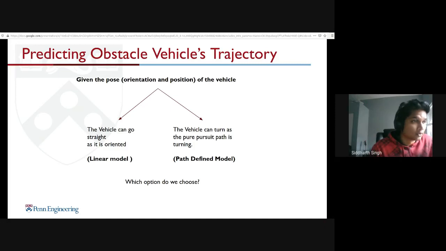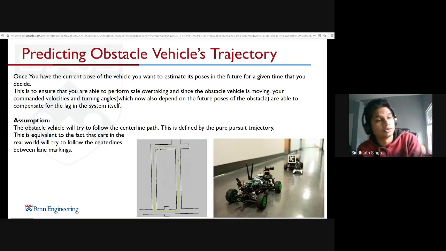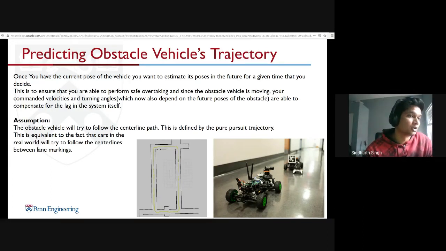At the turns, the pure pursuit path turns, but the vehicle might not turn in the same instant that it is seen. It might turn later, it might turn before. In the current instance, we can never be absolutely sure whether the path taken will be the pure pursuit one or straight ahead as it is oriented right now.